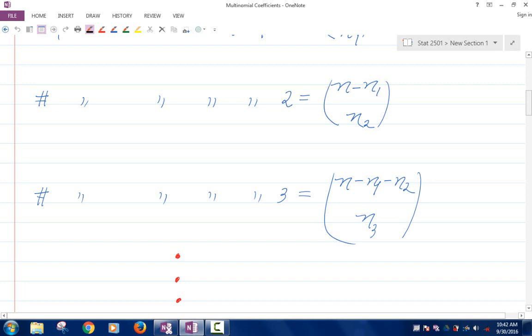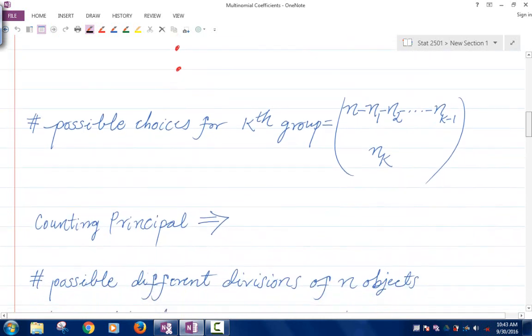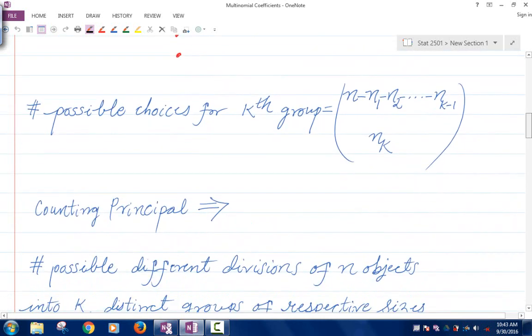After you have chosen the first k minus 1 groups, how many objects are left? n minus n1 minus n2 minus ... minus n sub k minus 1. So the number of possible choices for the kth group then would be n minus n1 minus n2 minus ... minus n sub k minus 1, choose nk, right?